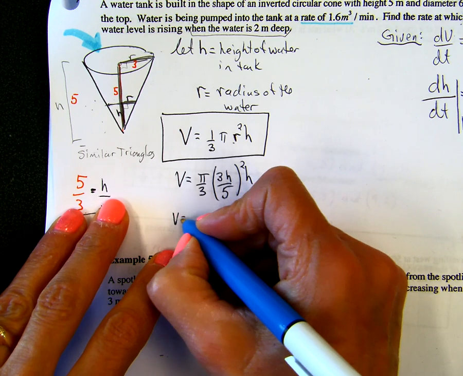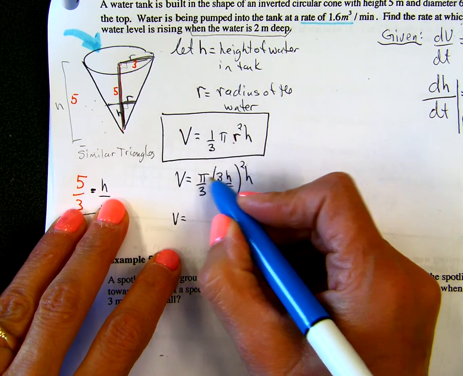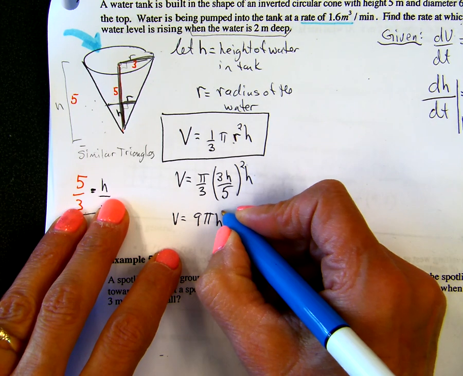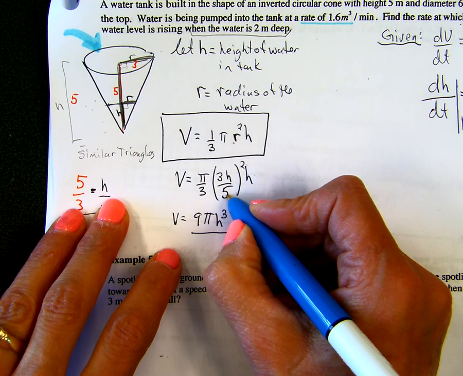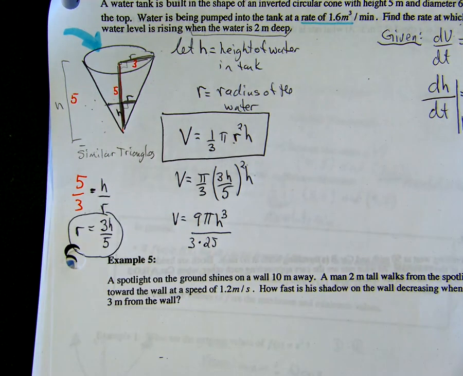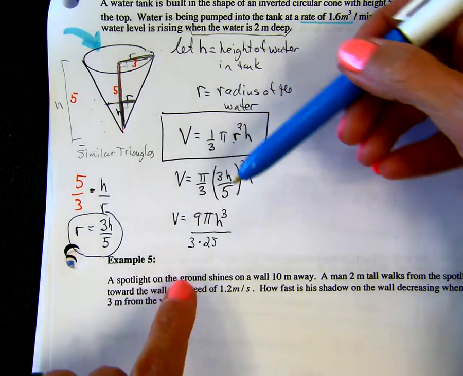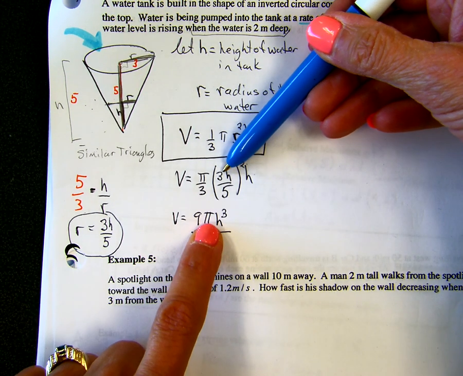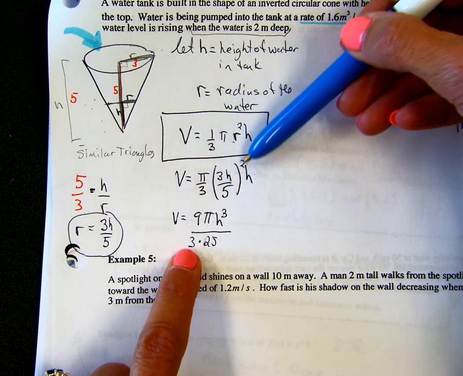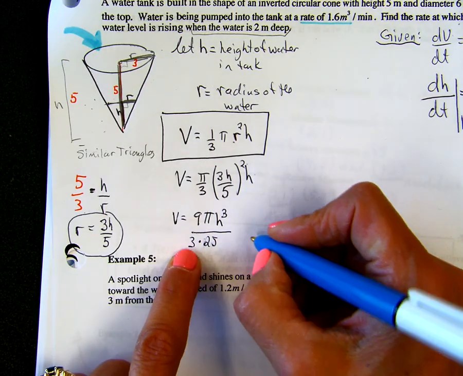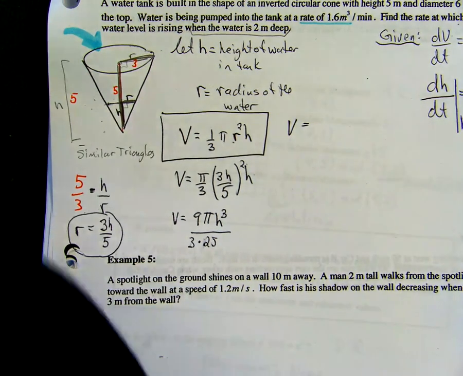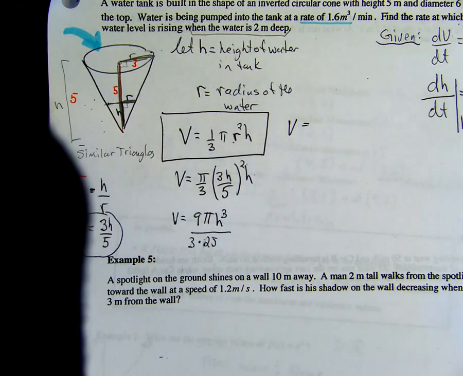You're going to get volume equals 3 squared is 9 times pi h squared, and times another h gives me h cubed over 5 squared, which is 25, times 3. So once again, I've got pi times 3 squared times h squared times h over 5 squared times 3, which simplifies to volume equals, 3's cancel, 3 pi over 25 h cubed.